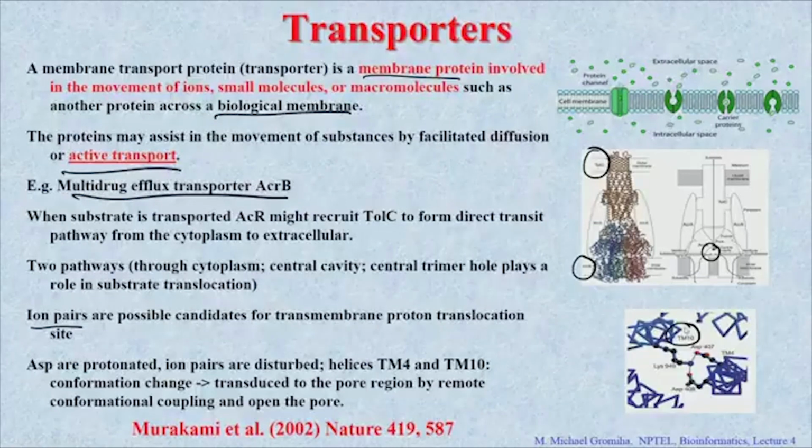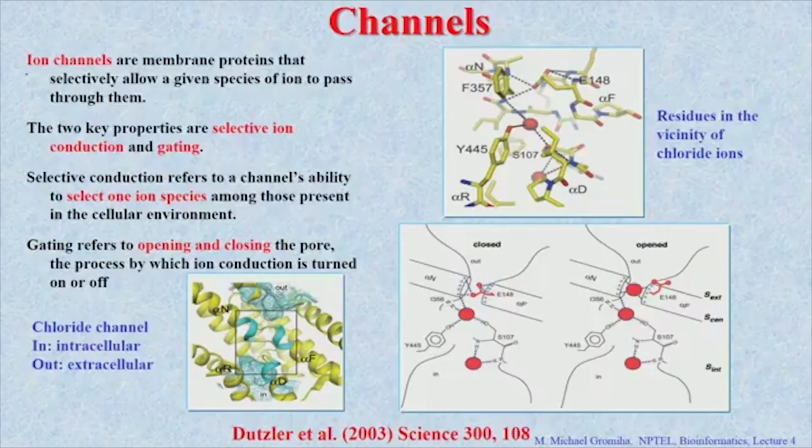So transmembrane helix 10 changes its conformation, and due to the pumping mechanism the substrate is pulled out through the outer membrane to the outside. This is how they do the transport mechanism. Likewise, there are various transporters known in the literature, but they have different mechanisms to transport ions and molecules across the membrane.